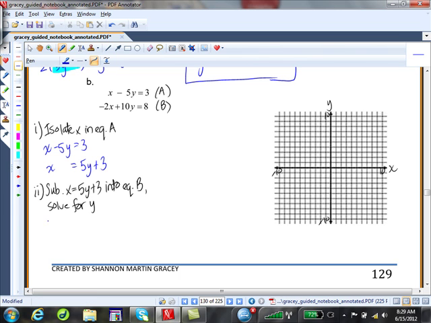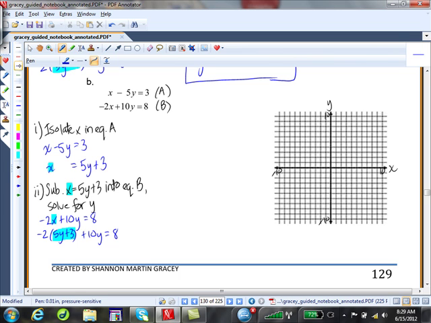So -2x plus 10y equals 8. -2 times (5y plus 3) plus 10y equals 8. So we're substituting in for x. Okay.